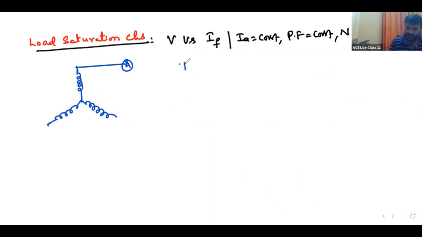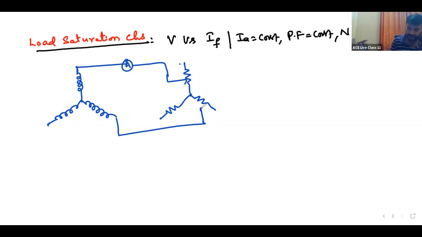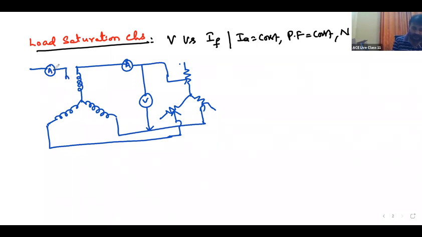Now I am using a pure resistive load, a variable load. This is a voltmeter, IF, IA.